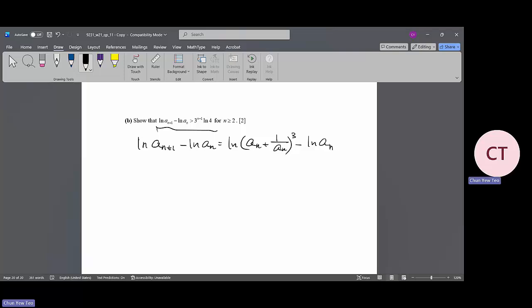Okay, so this is what we have. We can bring the 3 in front.